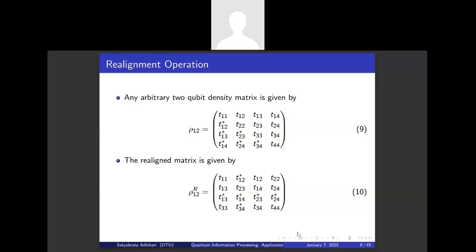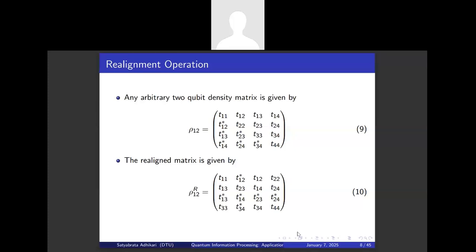We can consider the total 4 by 4 matrix split into 4 block matrices A, B, B dagger and C. Now let us consider the first block matrix.